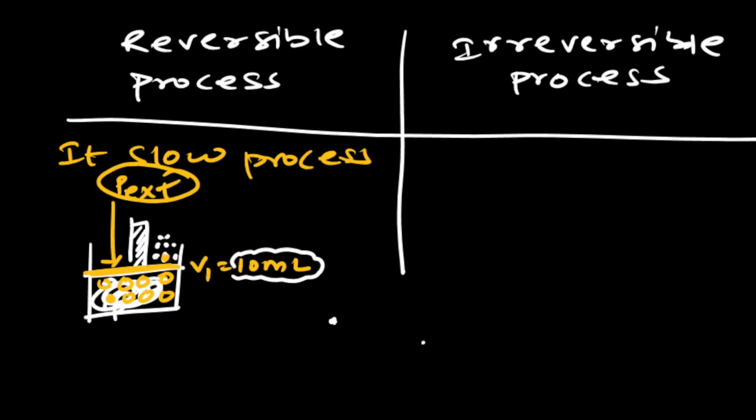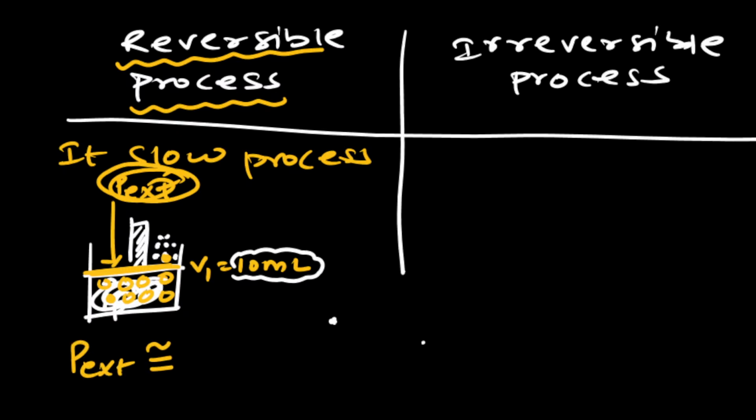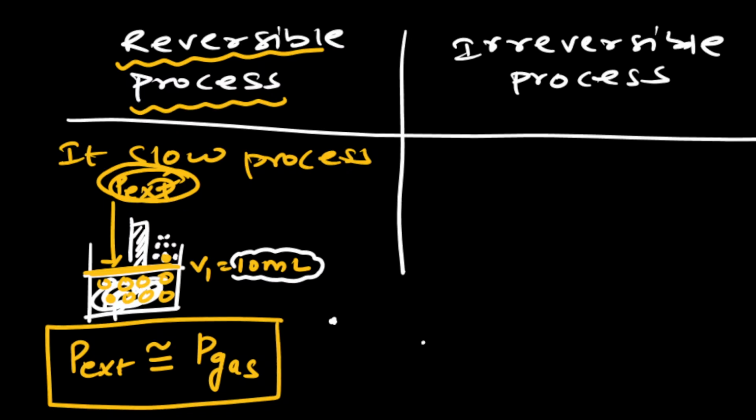When I added one stone, I saw a very negligible change, meaning P external and P gas are the same. So in the reversible process, P external will be equal to P gas. This is the one key point you have to remember. That's it. Nothing more you have to remember in the reversible process. Just remember this one.